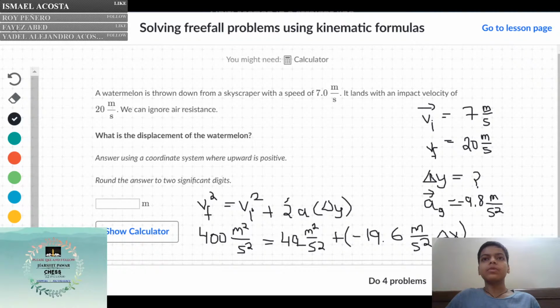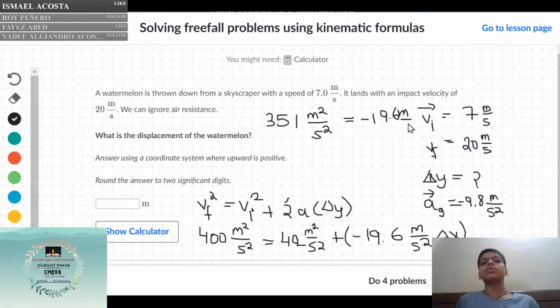So 351 meters squared per second squared is equal to negative 19.6 meters per second squared times y.